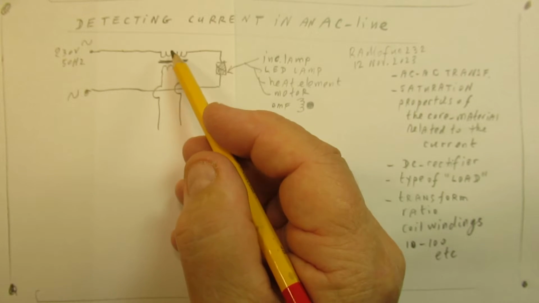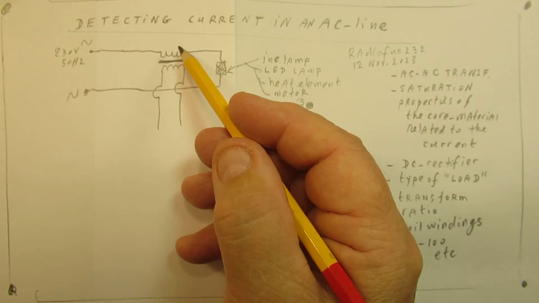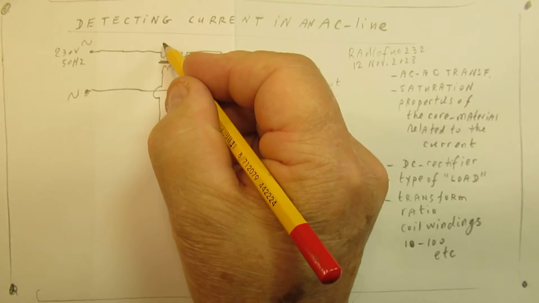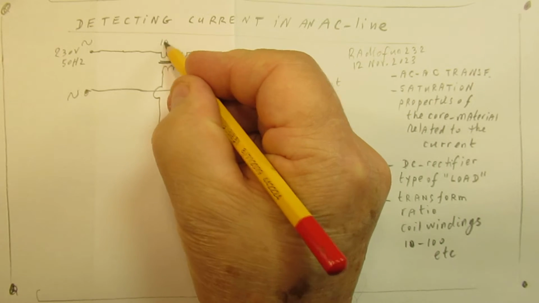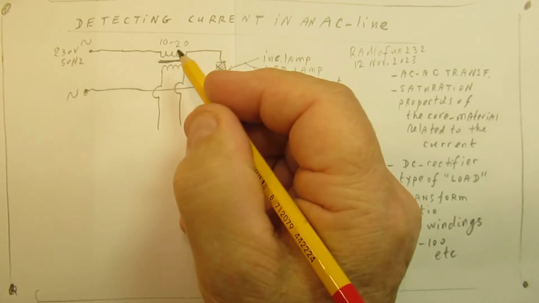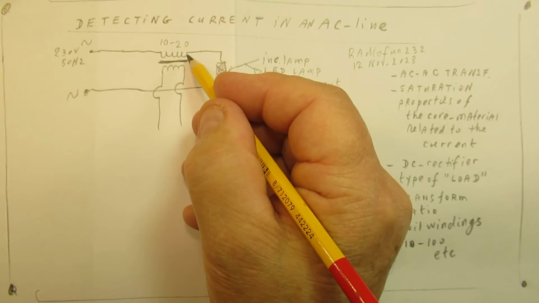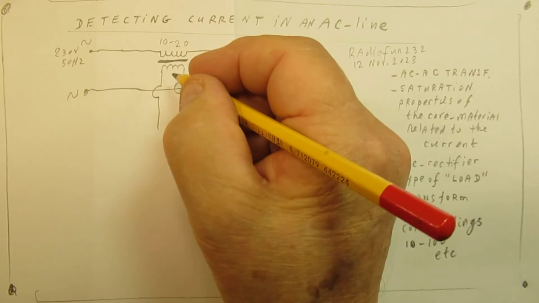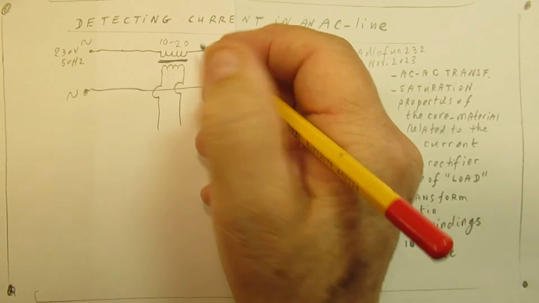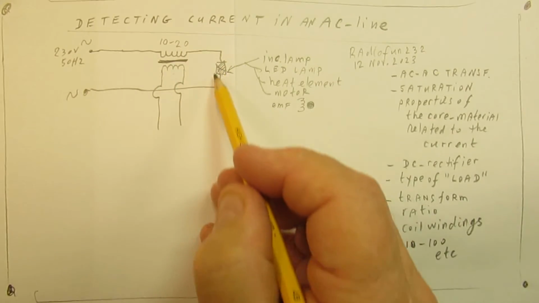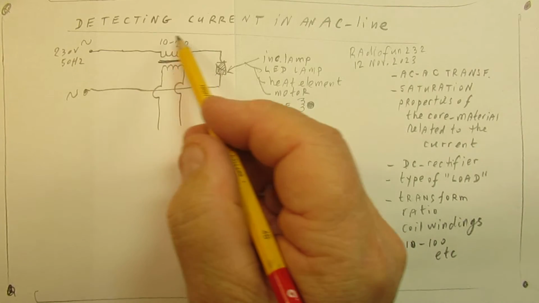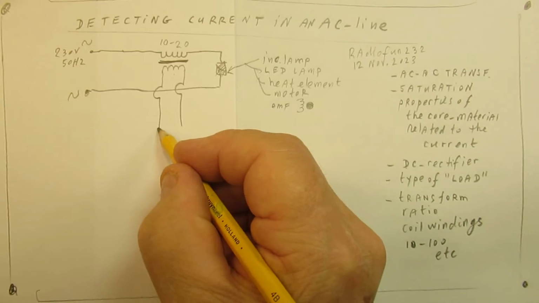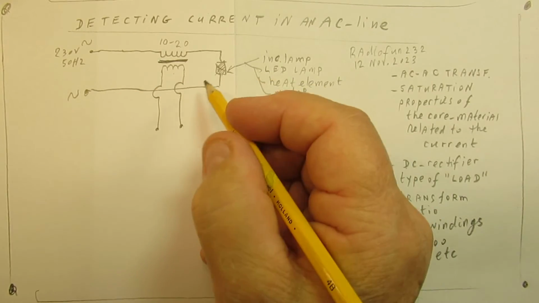This coil must consist of a few windings, perhaps 10 or 20 windings of very thick insulated copper wire, and here we have the secondary coil. So when current starts to flow, we get a voltage drop, an AC voltage drop, we have induction, and then we have a voltage out.